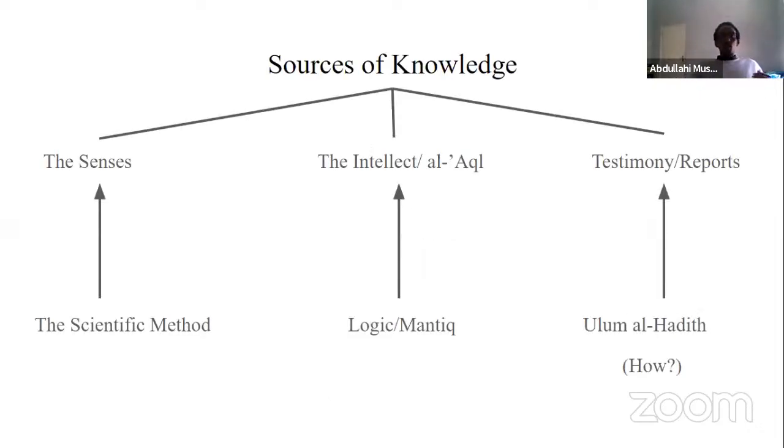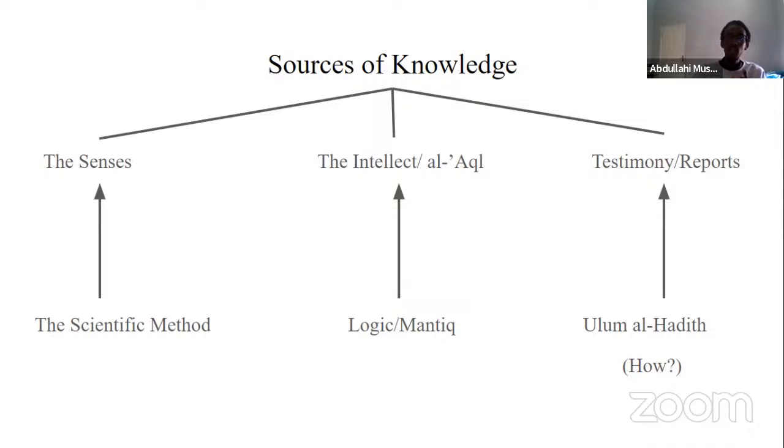Okay. So as we've mentioned, epistemology looks at the sources of knowledge. And we are taught within the deen that there are three primary sources of knowledge: the senses, the intellect, and testimony/reports.